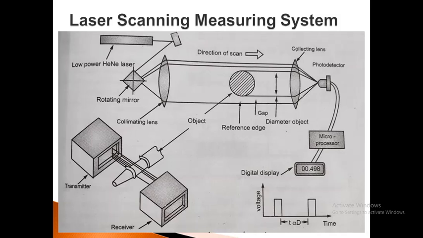At that time the laser scanning measuring system can be used. Applications of the scanning laser system include rolling mill operations, wire extrusion, machining, and grinding.